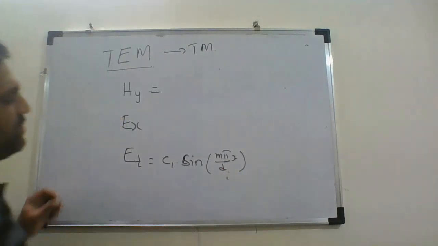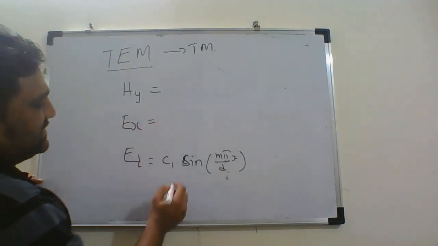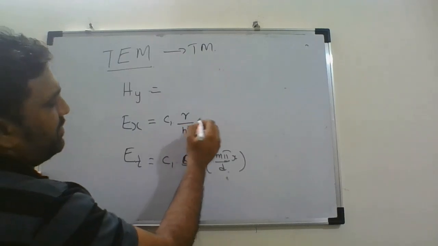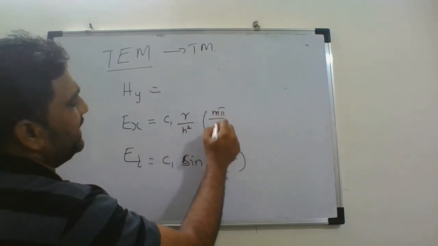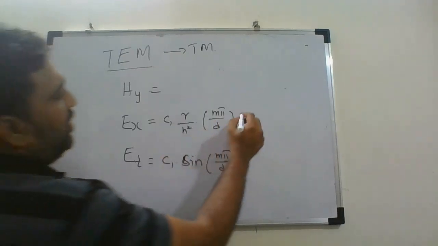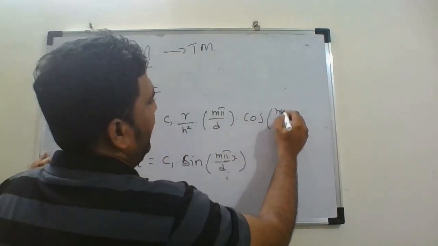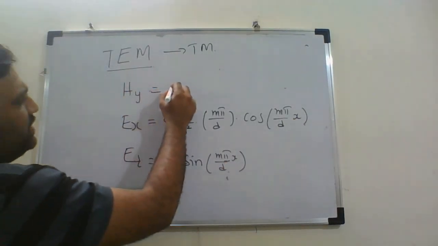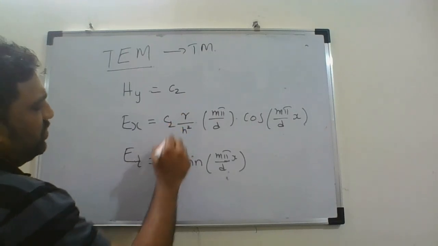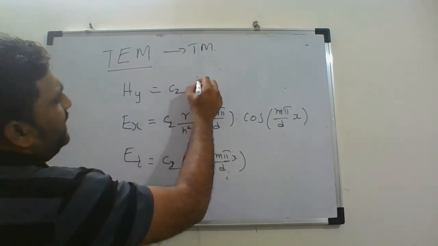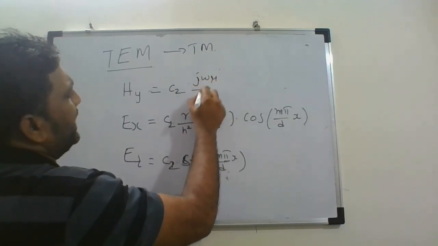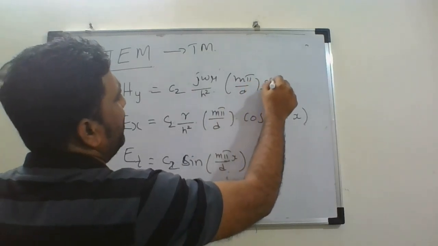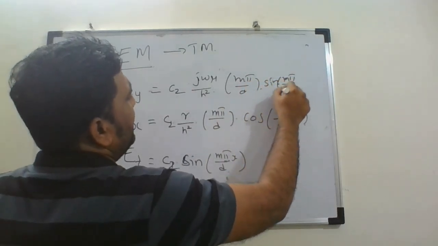Ex is equal to C1 gamma by h square into m pi by d into cos of m pi x by d. And similarly Hy is equal to C2 j omega mu by h square into m pi by d into sine of m pi x by d.